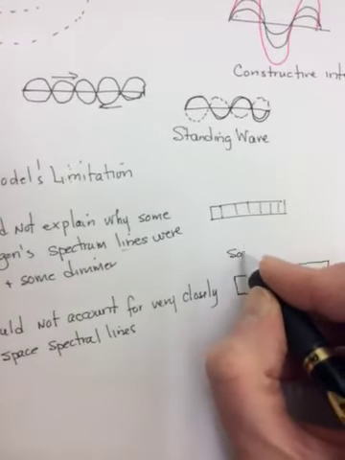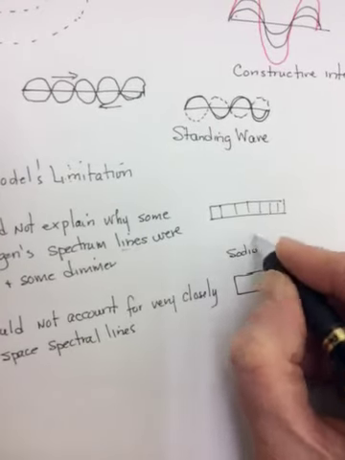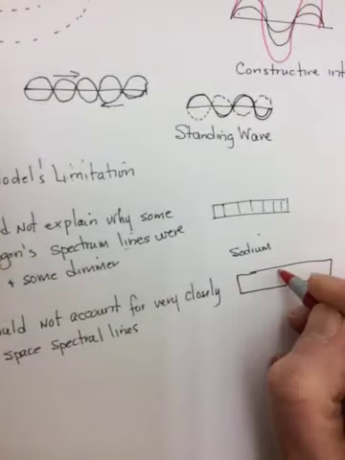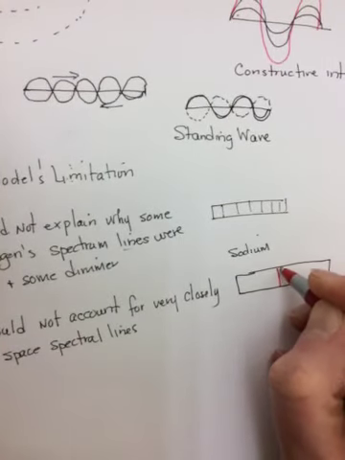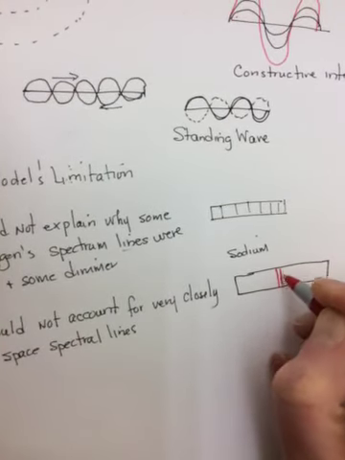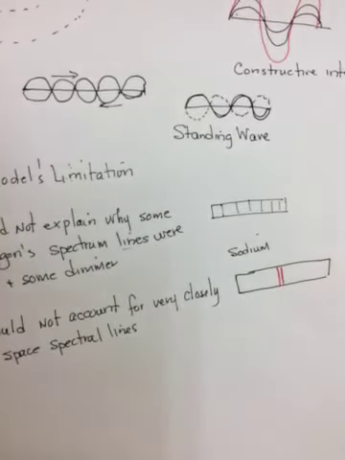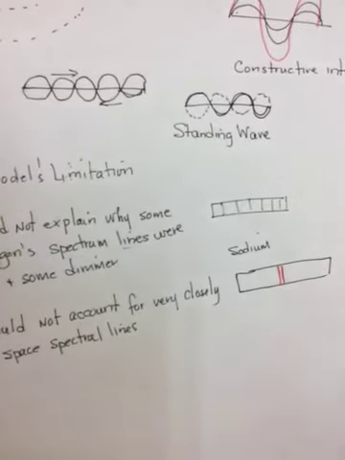Sodium is the best example. Sodium has 2 yellow lines that are so close to each other that when you look at the spectrum in class, it's going to be really hard to see them as 2 separate lines. It's going to look like a really big, thick one.